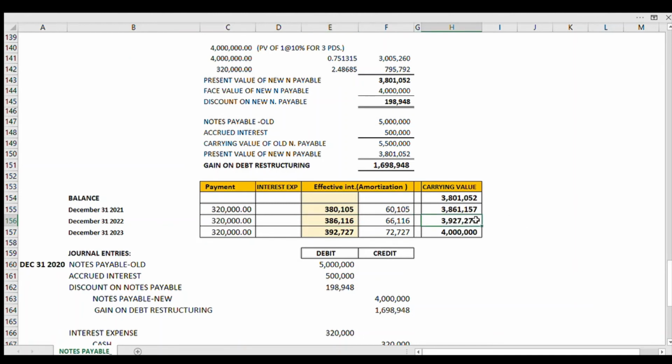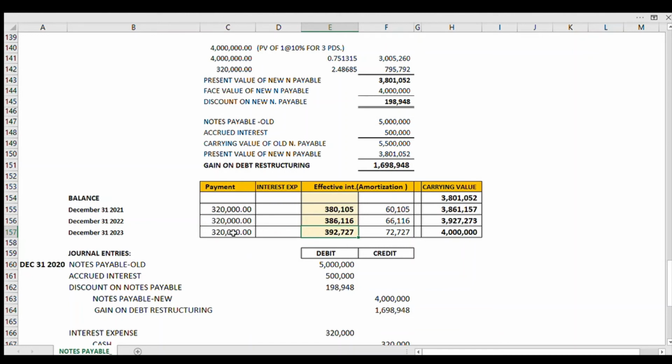On the third and last year, 3,927,723, no? The interest rate is 10%. Once again, doon sa old rate kasi ang gagamitin niya sa effective rate of interest, 392,727, no? Ibangga mo doon sa bagong nominal interest. Ito yung binagong nominal interest from 10 naging 8% sa nominal interest, kaya 320,000. Ang effective rate of interest naman is the same.